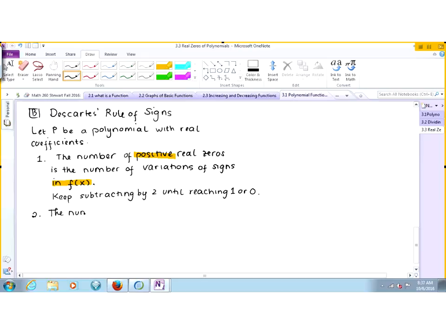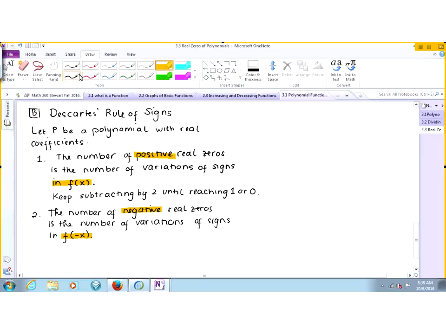Now, the next one is the number of negative real zeros. The number of negative real zeros is the number of variations of signs in f of negative x. So if we're talking about negative real zeros, we're talking about f of negative x.